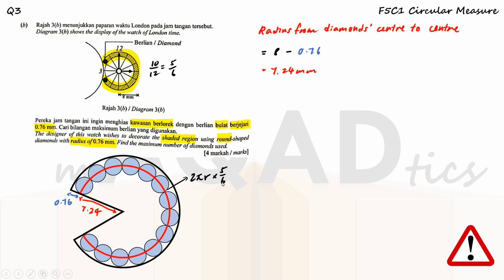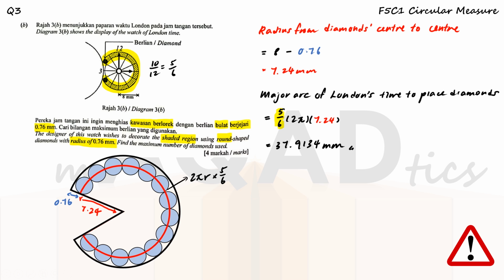Then I can use this to calculate the available space, or the available length, to place the diamonds, which is 37.91 mm. So now to find the number of diamonds to place, I have the available space, then I just need to calculate the length that will be occupied by one diamond, which is 2 times 0.76, because this is the circle's diameter, right?